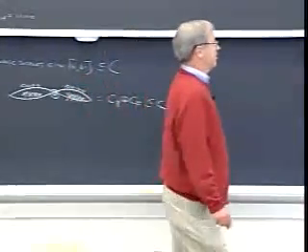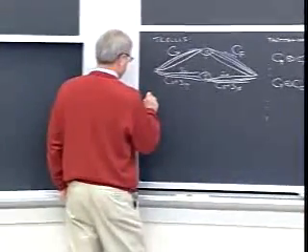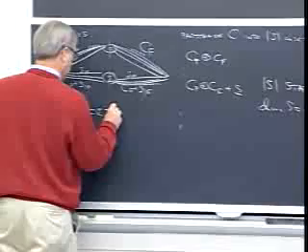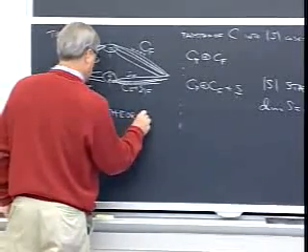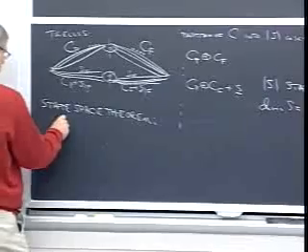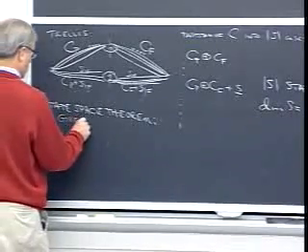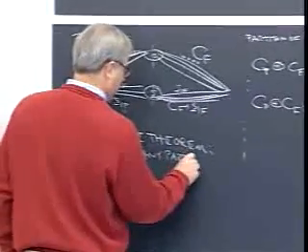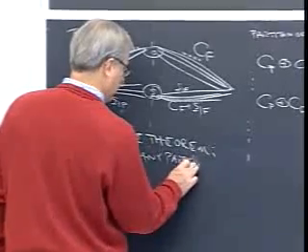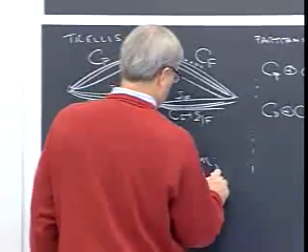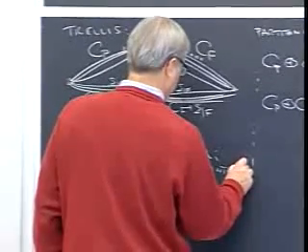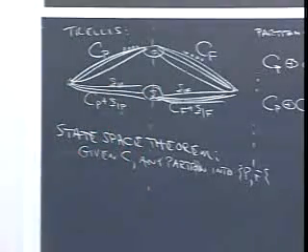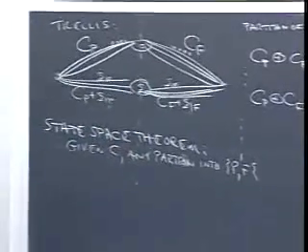The conclusion from this is what I call the state space theorem. Given code C, any partition of the time axis, the total index set, into past and future. I can do this not just at the midpoint, I can do this at any point along the code that I want to.